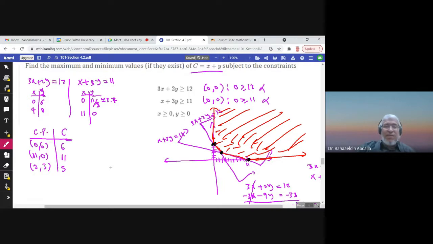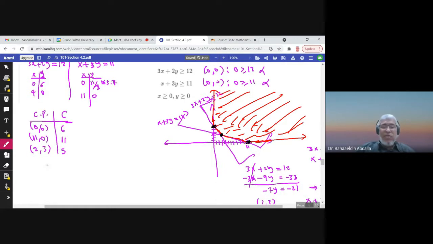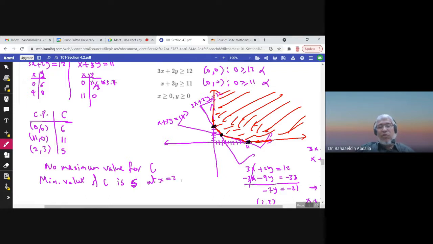So I can say that C has no maximum value, but the minimum value of C is 5 at x equals 2 and y equals 3.